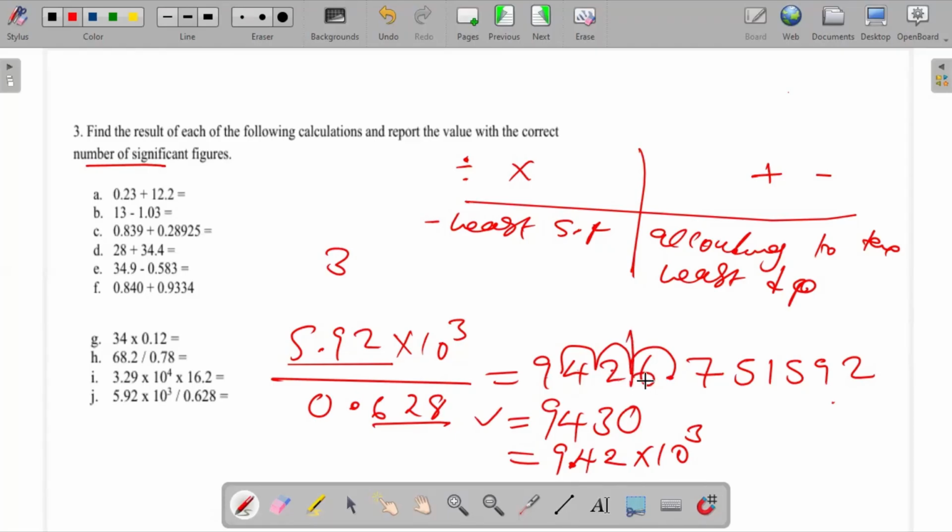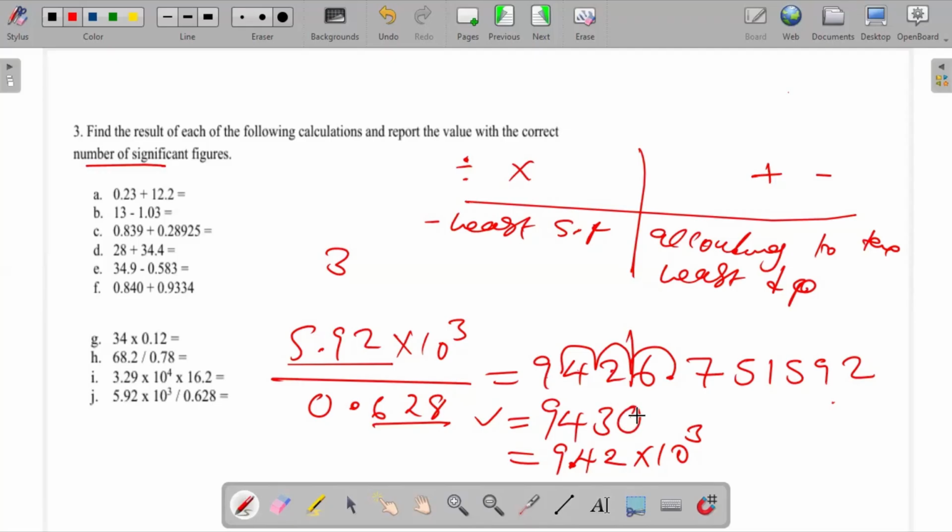And I check the next number, which is 6, right? 6 is above 5. So what I'm going to do is get a 1 and add it to the 2 there. That's where the 3 is going to come from. Now we can't just drop the 6 without adding anything, then it will affect the whole number, isn't it? So in this case, you have to put a 0 there so that you maintain the number that you're having.